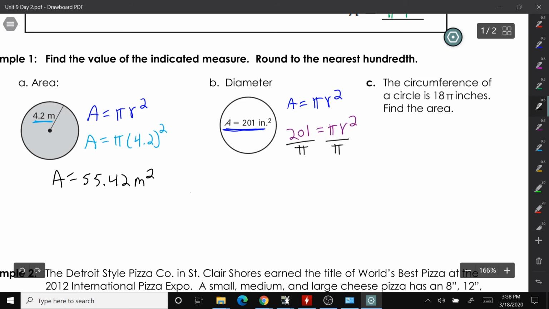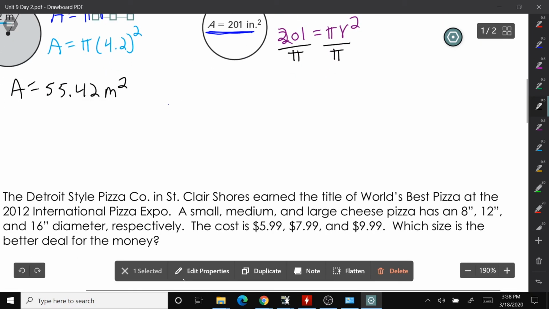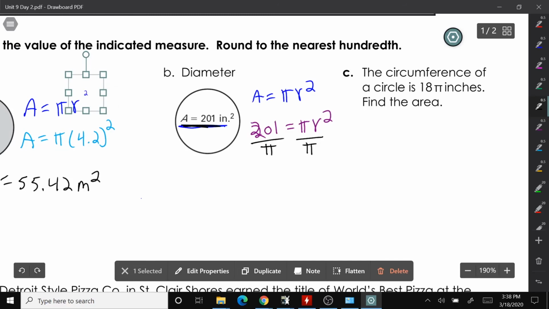Now you might be thinking, why do we care about getting the radius? Well, if we get the radius, we can multiply that by 2 in order to get the diameter. And the only thing we have is this area. The area can be used to find the radius, which gives us the diameter.